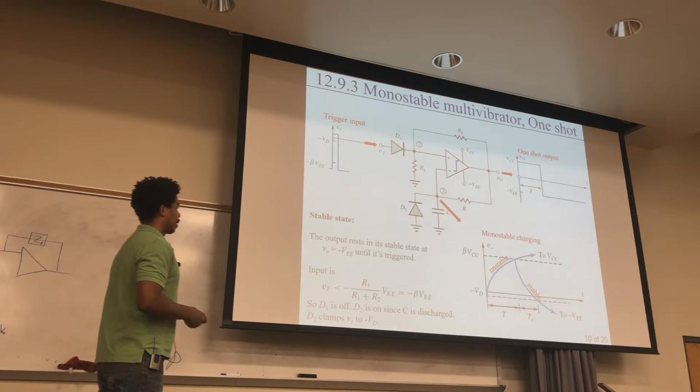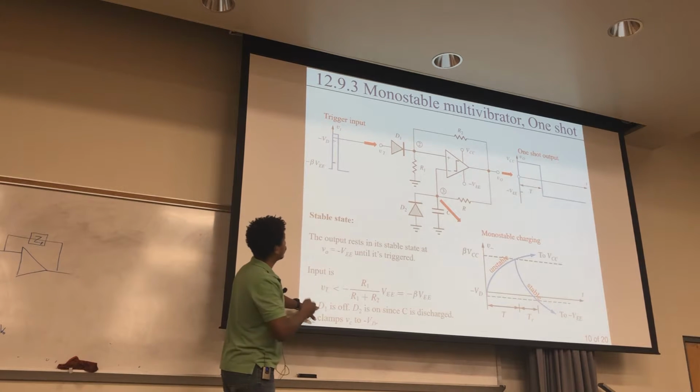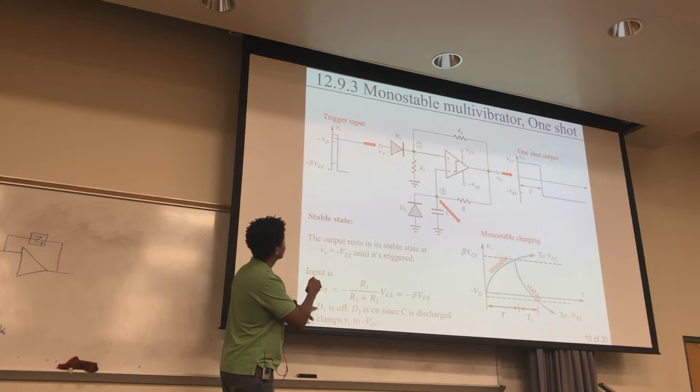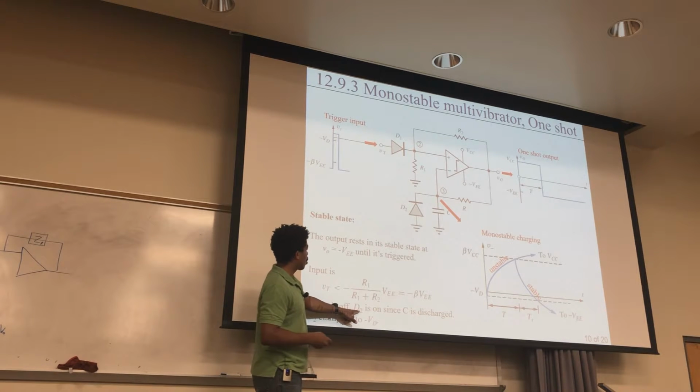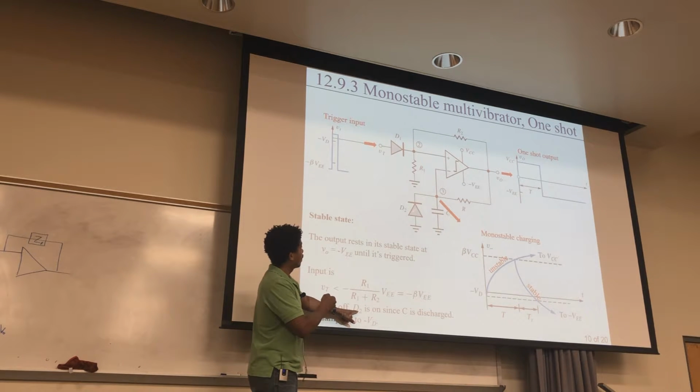Okay. So that means that diode D1 right here is off. That means that this voltage is higher than that voltage, right? So it's off. D2 is on. Even though this is ground, for this to be on, is this voltage right here higher than 0 or lower than 0?